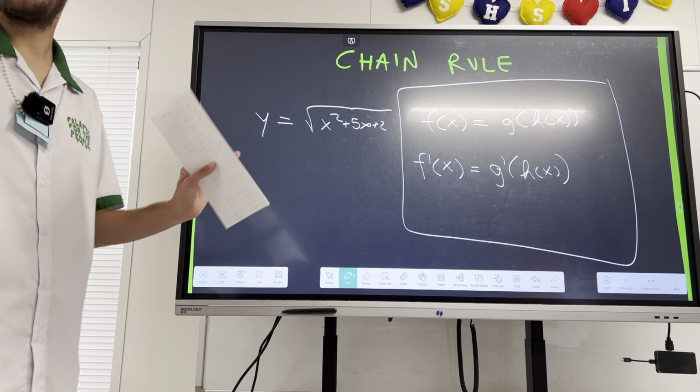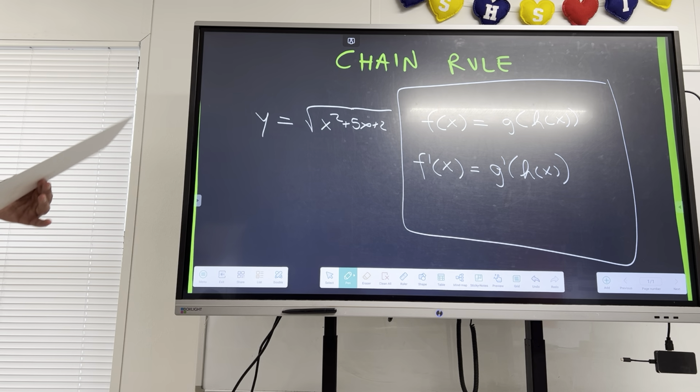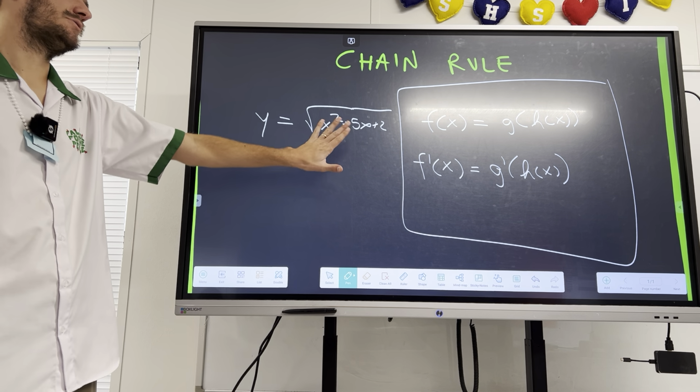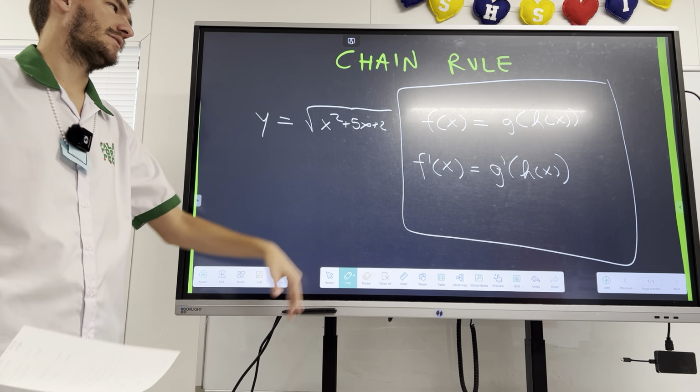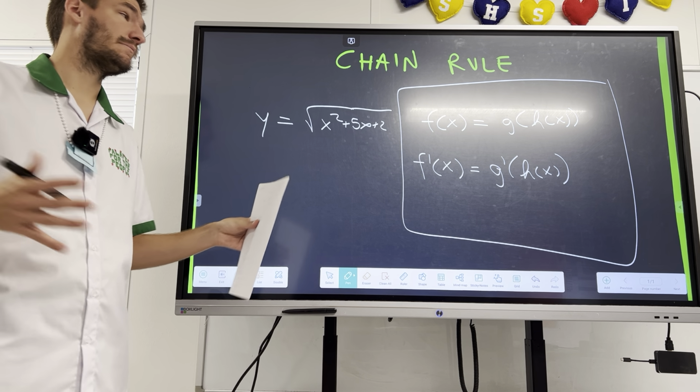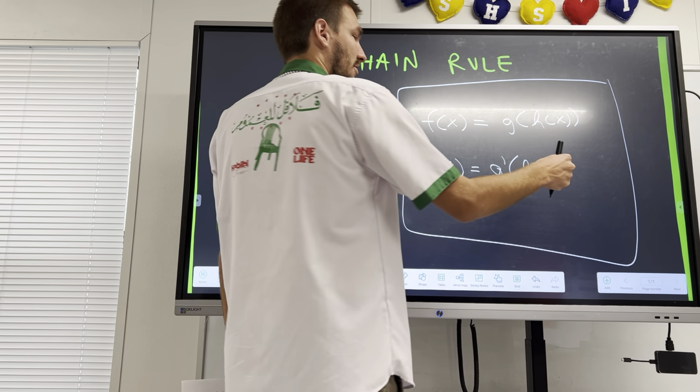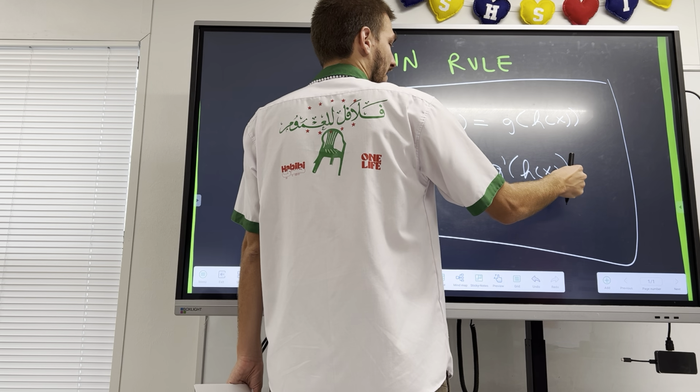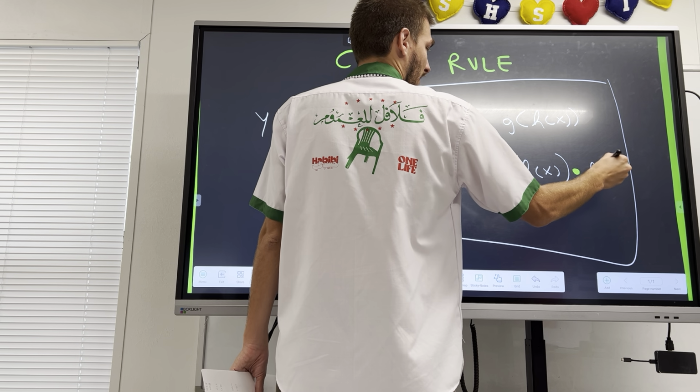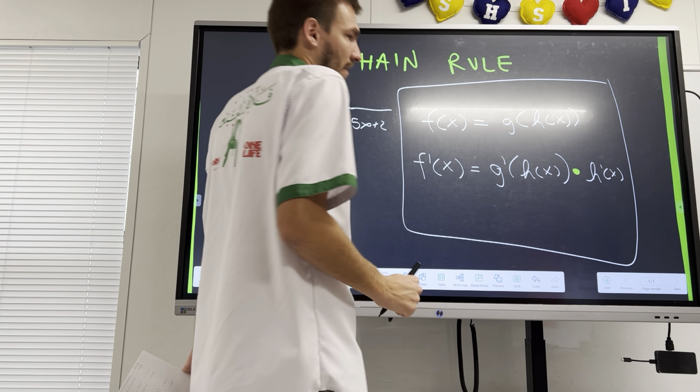You're not going to deal with the h. You're not going to worry about the h. So for example, for this question, you would just be ignoring x squared plus 5x plus 2. But of course, that has to come up somewhere. And basically, you're just going to tack it on to the end times h prime of x.